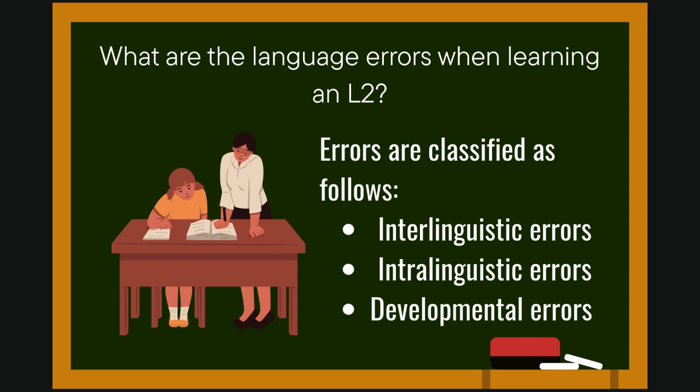The intralinguistic errors result from overgeneralization or incorrect rule application, and developmental errors are natural mistakes reflecting the cognitive stage of the language learner. Recognizing error types helps teachers differentiate between temporary misunderstandings and persistent issues that need targeted intervention.